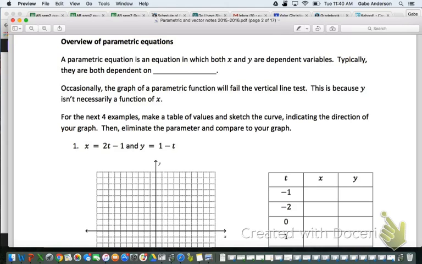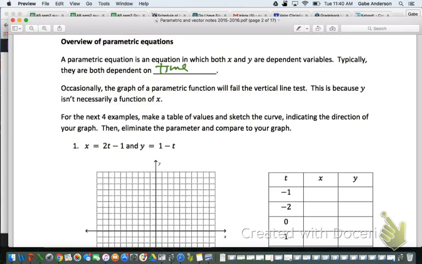Often, that parametric graph will fail the vertical line test. Y does not have to be a function of x, but both y and x are functions of t. And when put together, you get a unique graph, like you just saw.